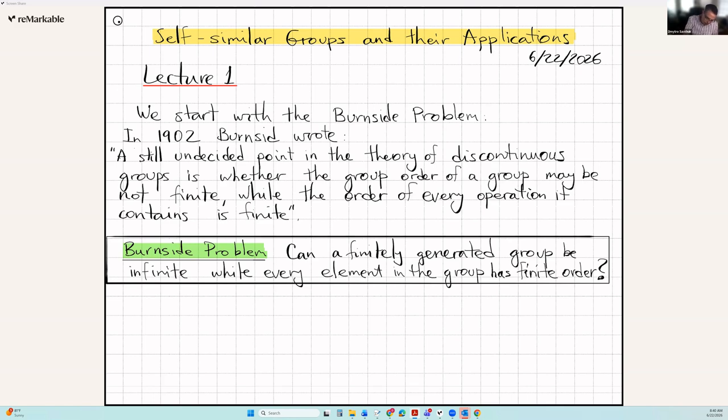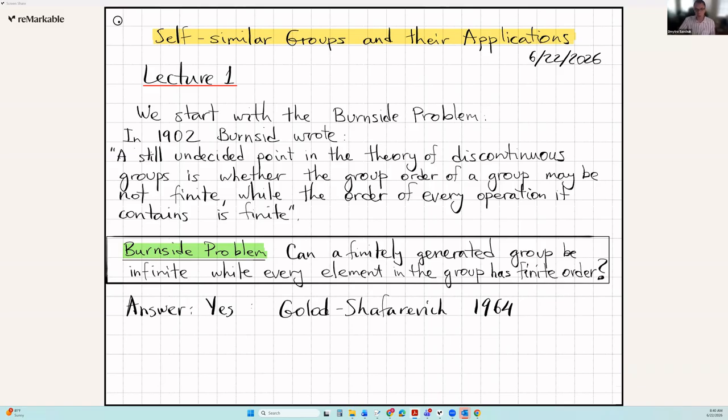Let me just use the proper instrument. Okay, so the answer is yes. The first construction is Golod–Shafarevich in 1964. I will not talk about these groups.